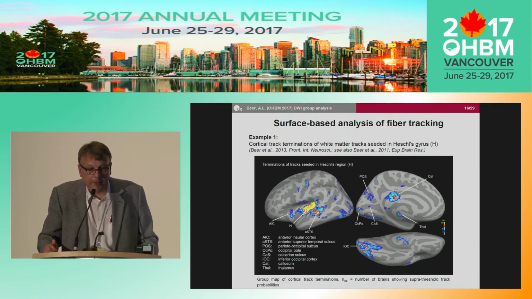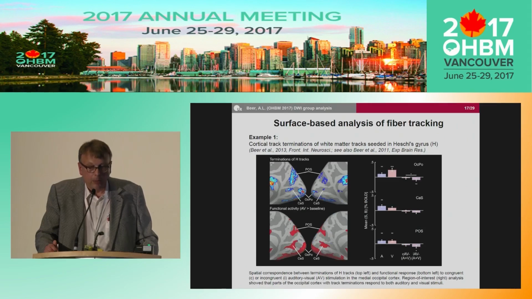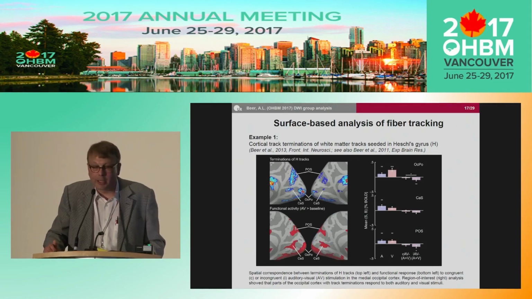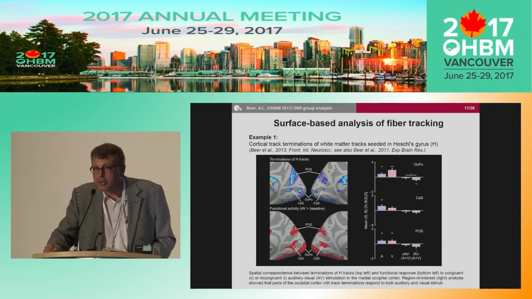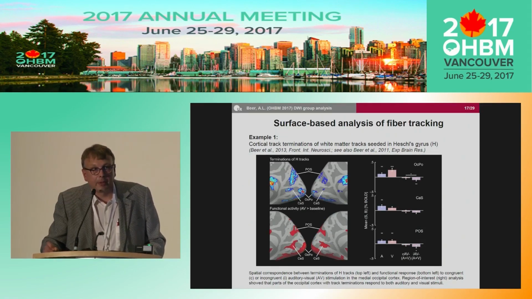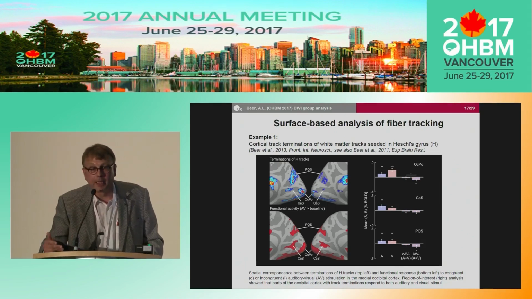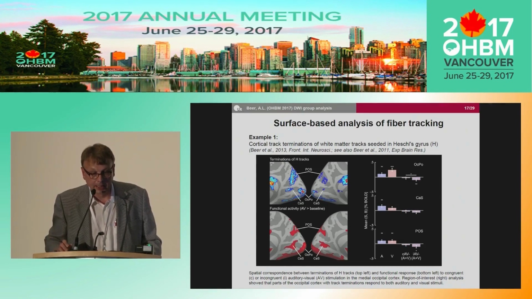And the second counter-argument is that we compared these track terminations with the brain areas that are engaged during a multisensory, auditory visual task. We performed an fMRI study and looked at the brain areas that are engaged in this multisensory task. And we see quite good correspondence between the track termination maps and the fMRI maps here.